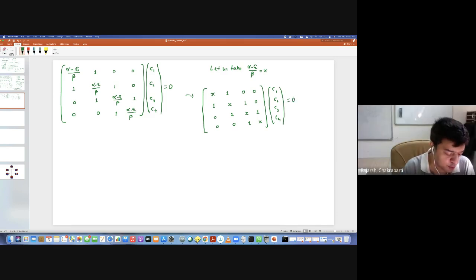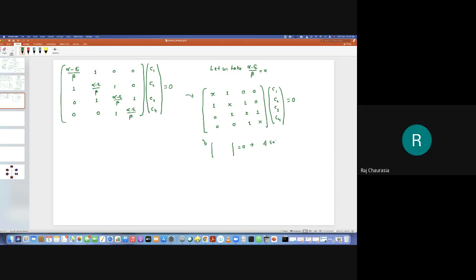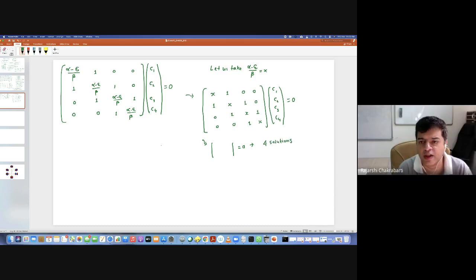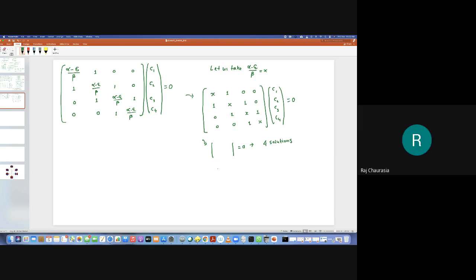So now what you should do is take the determinant of this matrix equal to 0 and get 4 solutions, isn't it? How will we solve this determinant? You don't know how to expand a determinant? It is 3 cross 3, but if it is greater than that, it is so difficult.